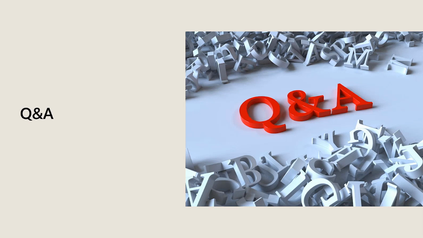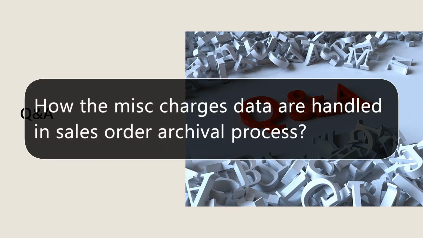Yeah, and there's one more question, which is how do we handle sales charges? Is it going to be covered by sales order archiving, or is it separate? Miscellaneous charges, or in terms of the terminology, I would say MarkupTrans. From a technical perspective, MarkupTrans is a table that holds not only the miscellaneous charges for the sales order, but also the miscellaneous charges for other tables as well.